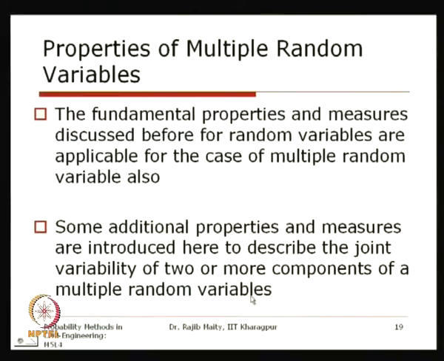The fundamental concept used earlier for the single random variable will also be applicable, and it should be extended first to the 2-dimensional case, and then to higher dimensions, at least for the mathematical expression purpose.